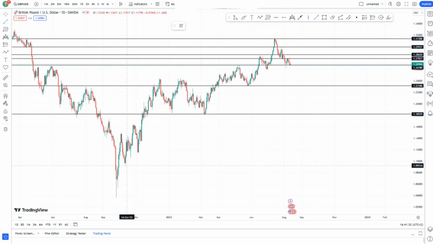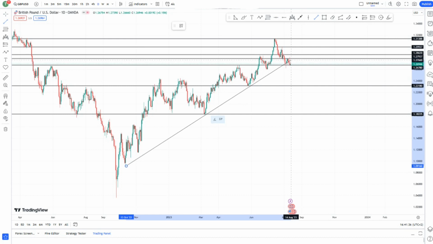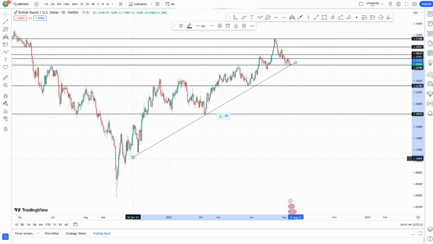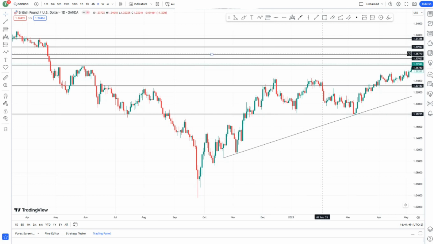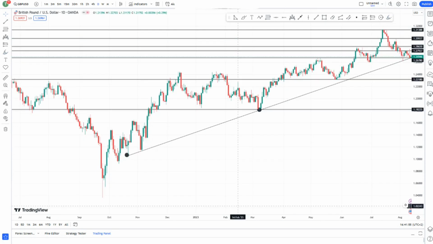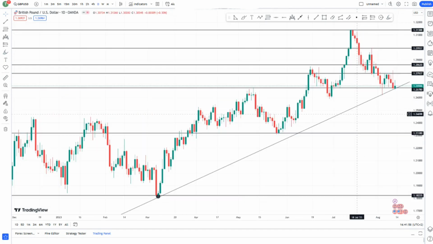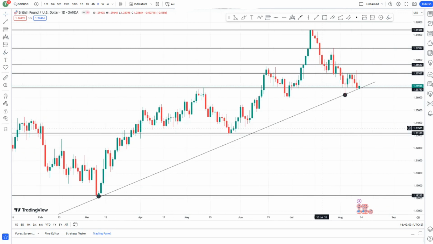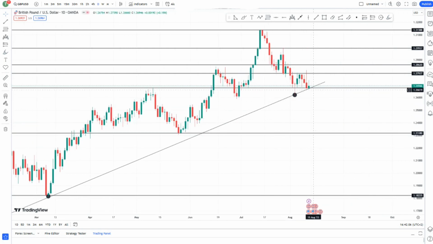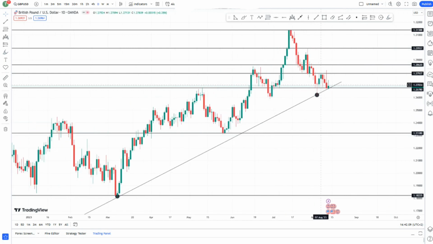Then I'm gonna draw my overall trend line. For my overall trend line, as you guys can see, we do have our first touch, our second touch right there. And now we're ready for our third touch, which we've already had, but the market hasn't really moved, so we're hoping to get in on this fourth touch, right?